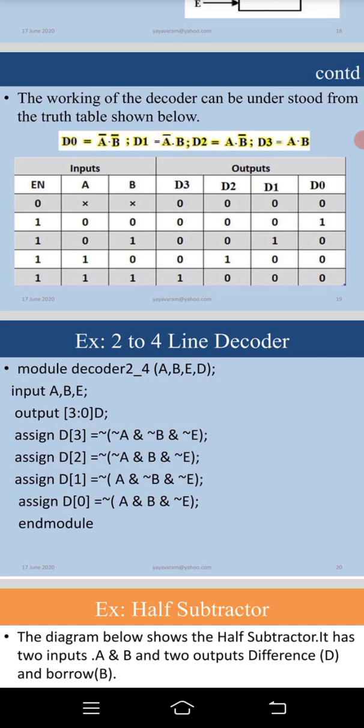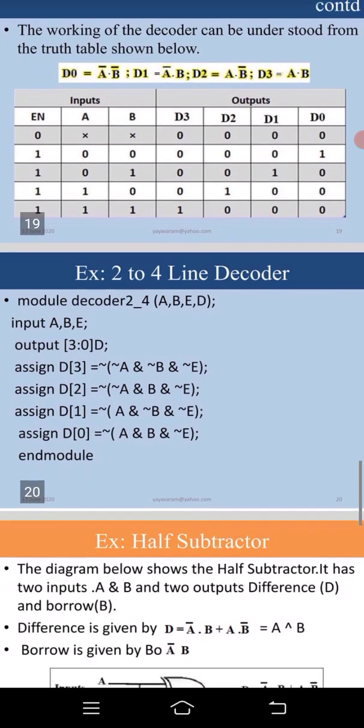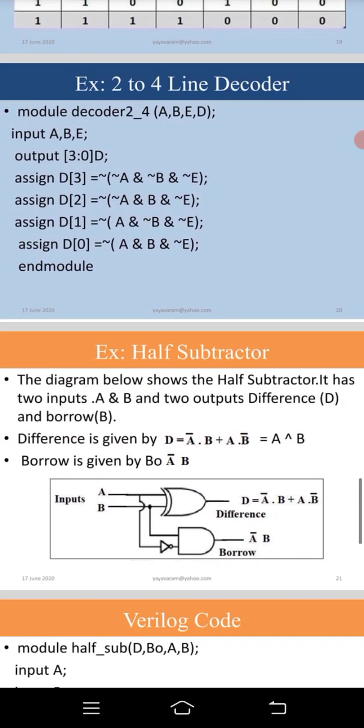Input A, B, and E. Output [3:0] D. Then assign D3 equals A and B and E. Then assign D2 equals A and B and E. Assign D1 is equal to A and B and E. Assign D0 is equal to A and B and E. End module.